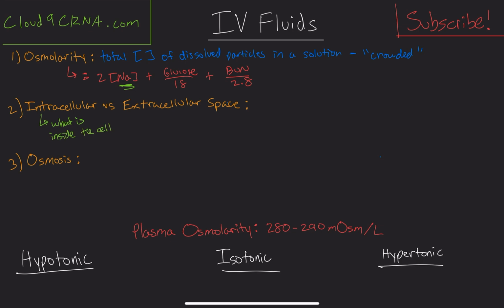And then the extracellular space can be broken into interstitial space and the intravascular space. For this concept, because we're giving IV fluids, we're directly affecting the intravascular space. Don't worry about the interstitial space right now. When you hear extracellular, just think of intravascular space. So obviously, what is inside the blood vessel.